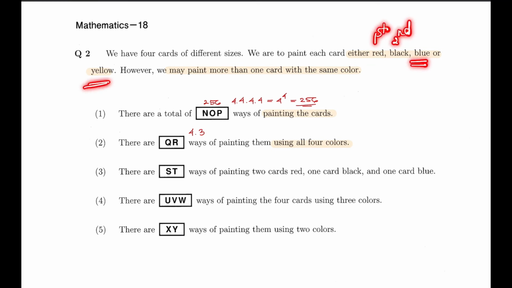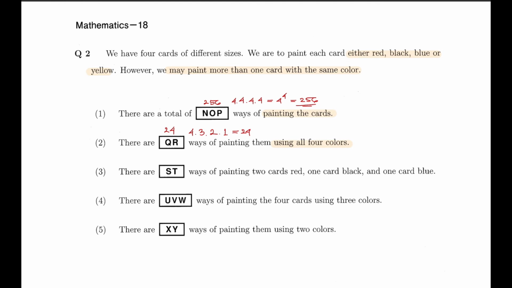For the third card, the options left is only 2, which is blue and yellow. So for the third card, I only have 2 possible colors. And then for the last card, I only have 1 possible color. 4 times 3 is 12. 12 times 2 is 24. So there are 24 ways of painting them using all 4 colors.